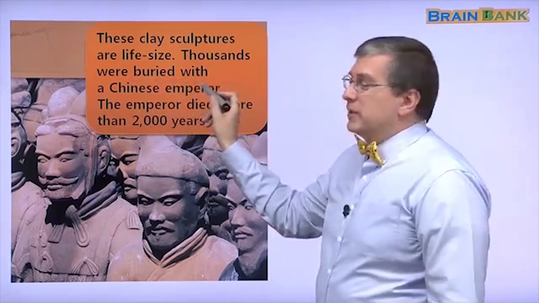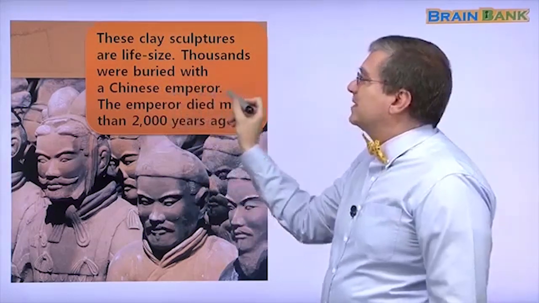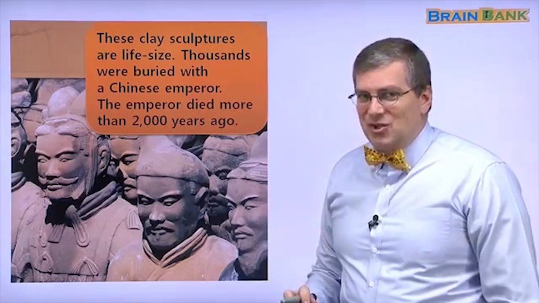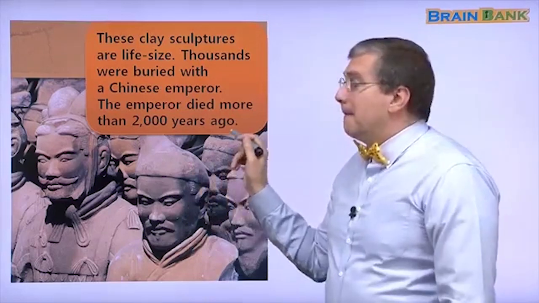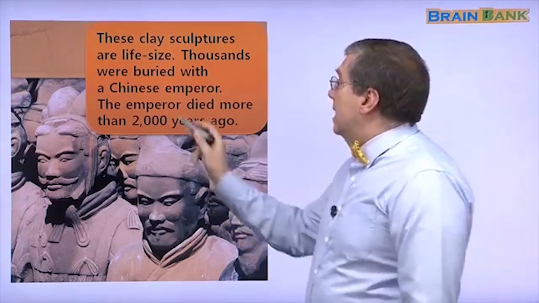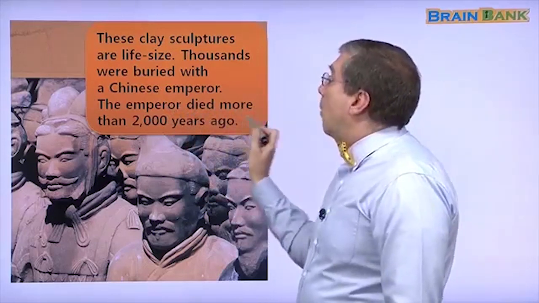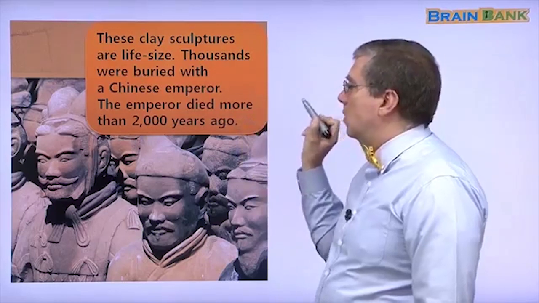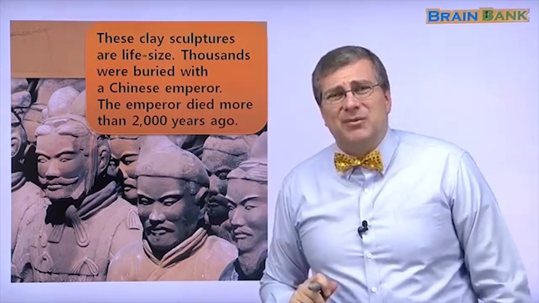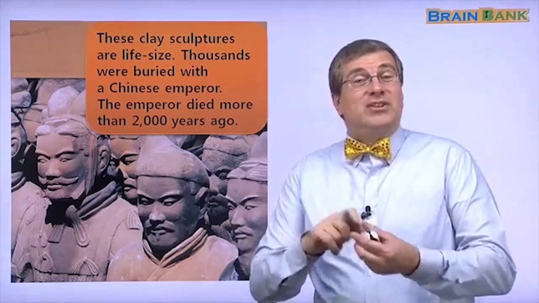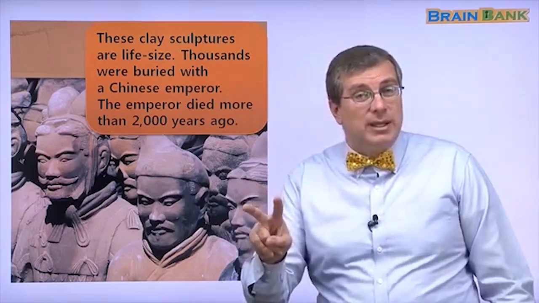Thousands were buried with a Chinese emperor. Maybe you heard about these statues before. They were buried with a Chinese emperor. The emperor died more than 2,000 years ago. But they're made of clay. How did they last for 2,000 years?